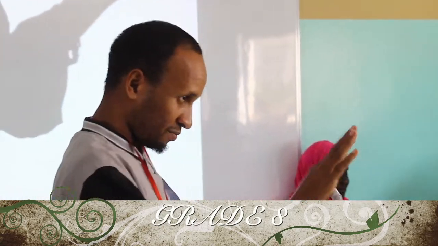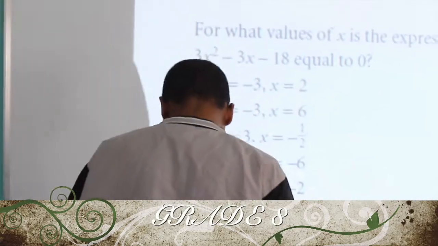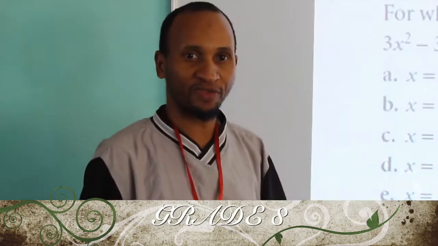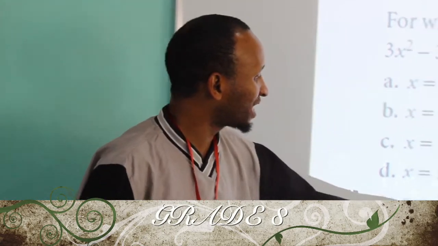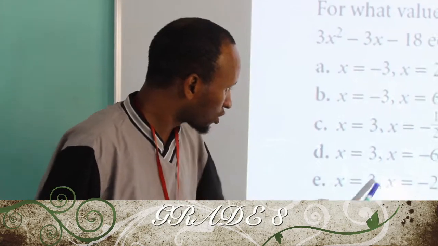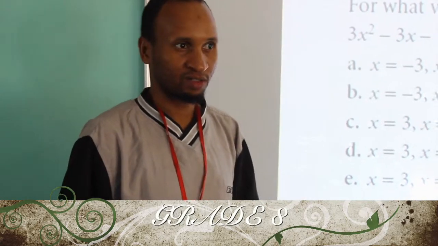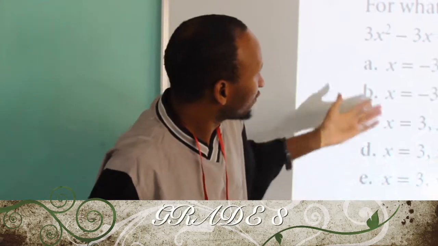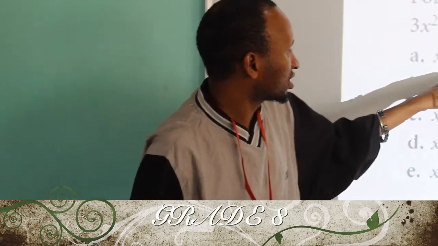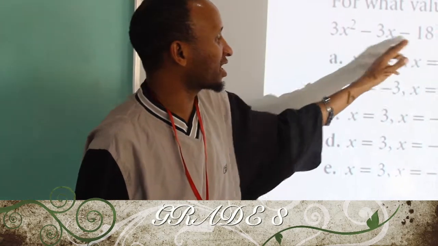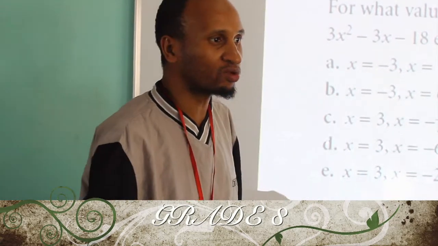Honestly, make it easy. Some of these techniques are what we call the plug-in method. You pick these until you see which 2 numbers will make this 0 at the same time. For example, if you take option 8, you want to see if you replace x by -3, is the answer going to be equal to 0?